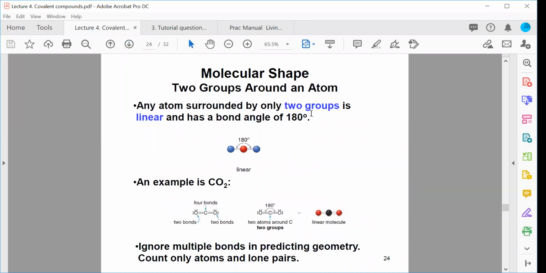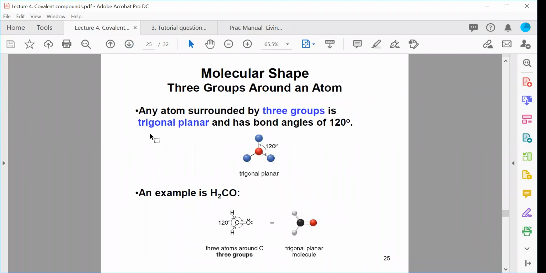Any atom surrounded by only 2 groups will be a linear molecule, and will have a bond angle of 180 degrees. So here we go. Here's our central atom, which in this case happens to be a carbon. Here are the 2 groups, one there and one there. They happen to be 2 oxygens. So we have a linear molecule, and here's the bond angle, 180 degrees.